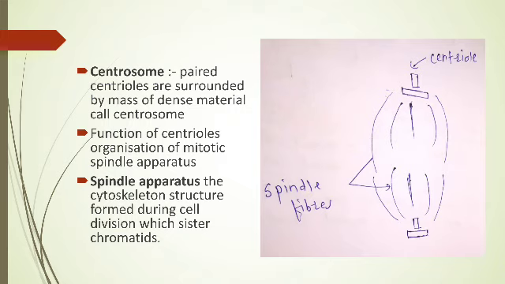In the next slide we can see the centrosome. The paired centrioles are surrounded by a mass of dense material called the centrosome. That means when there is a mass of dense material surrounding the centrioles, this whole structure is now called the centrosome.